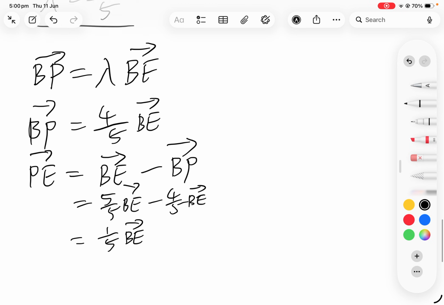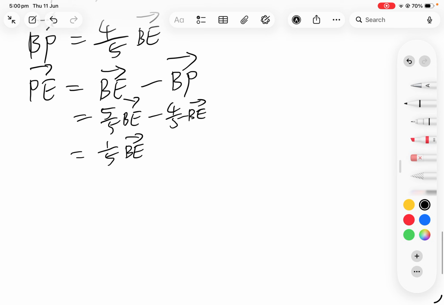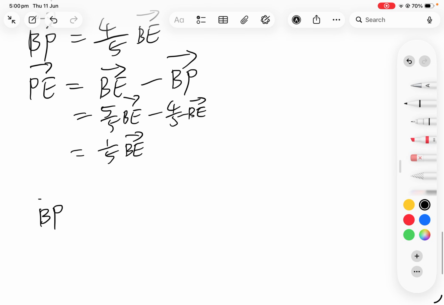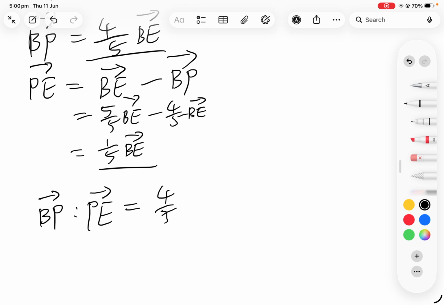And now we can do the BP ratio with PE, and that's 4 over 5 BE and 1 over 5 BE. So that is just 4 to 1, because they're both divided by 5.